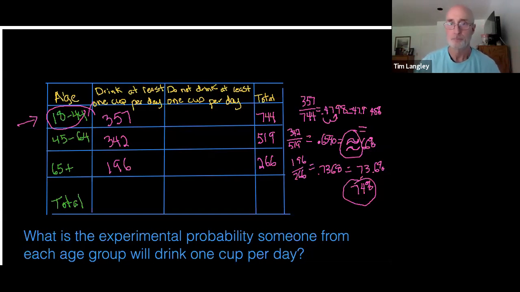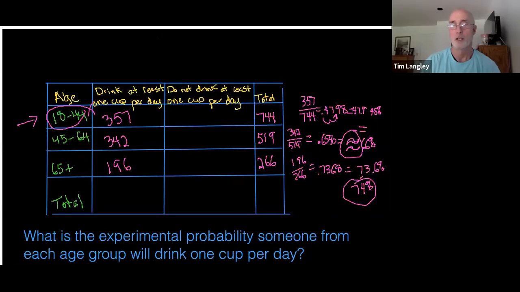And so I have now calculated the relative frequency, but also the experimental probability that someone from each age group will drink a cup per day. I can kind of guess it's probably likely that in the 18 to 44-year-old age group, about 48% of those people are going to drink a cup per day, okay?